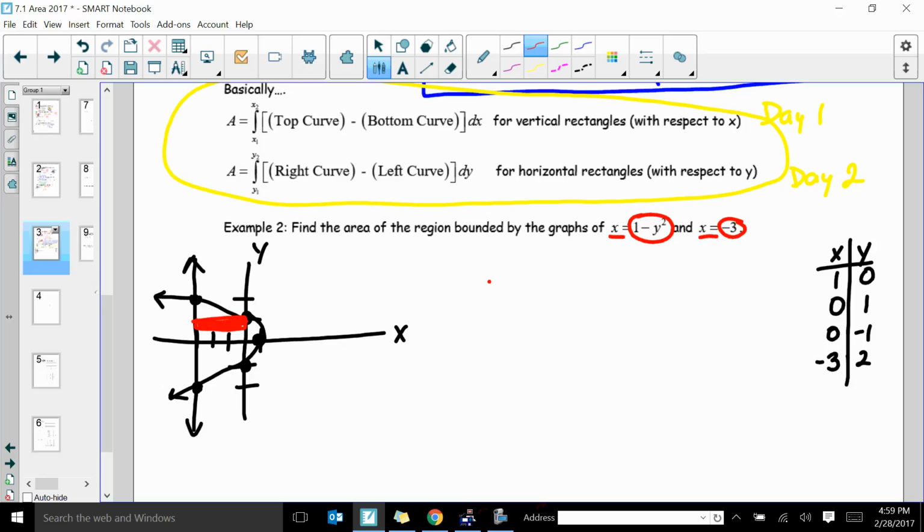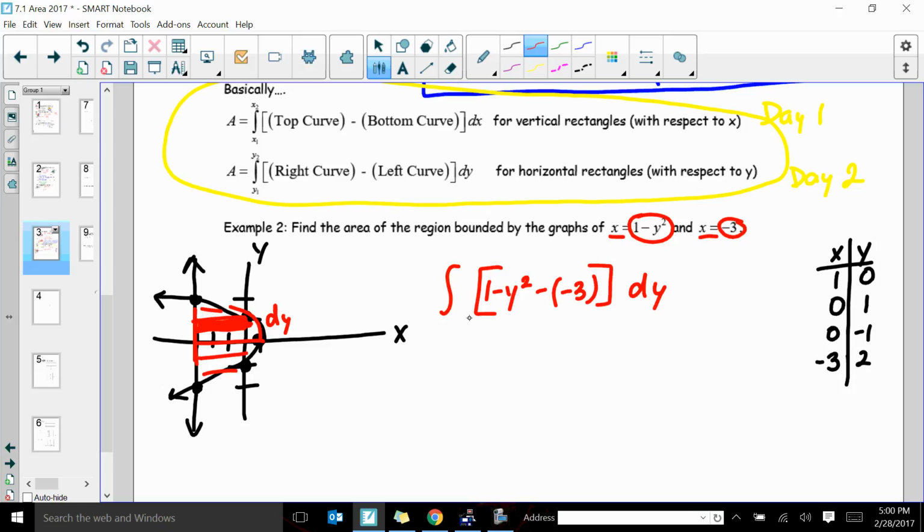So the right curve is 1 minus y squared. The left curve is a line, but it's still there. It's -3. So right minus left. Okay, that's this length. The height of that is going to be dy, change in y. So you multiply all of that by dy. Add up all the rectangles.